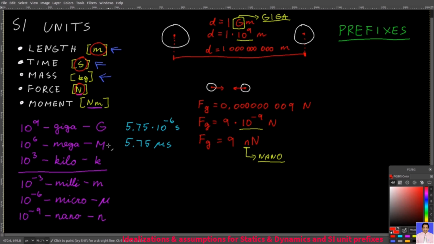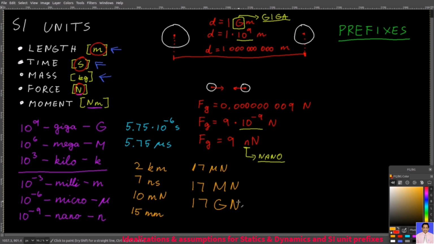For example, you can say that something is 2 kilometers long, or something happens for 7 nanoseconds, or the force is 10 millinewtons, or something is 15 millimeters long, or maybe the force is 17 micronewtons, or maybe it's 17 meganewtons, or maybe it's 17 giganewtons.